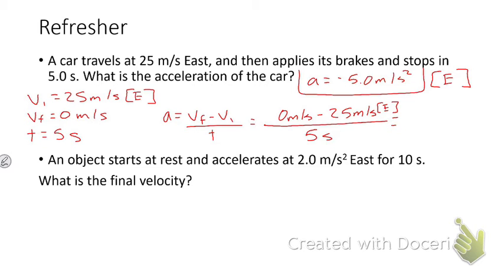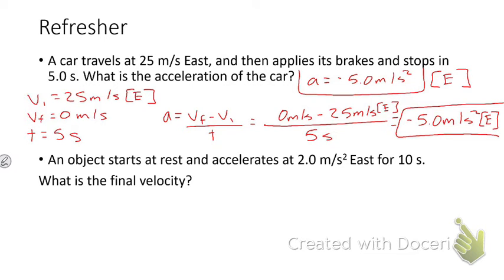Okay, so negative 25 divided by 5 is negative 5.0 meters per second squared, right? Our units, we have meters per second divided by seconds, so we get meters per second squared, and because acceleration is a vector quantity, we should give it a direction as well, okay? So that one was done really well.